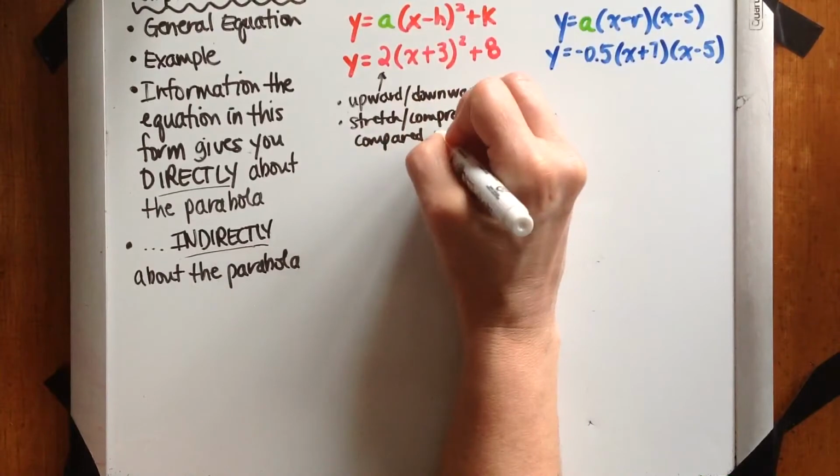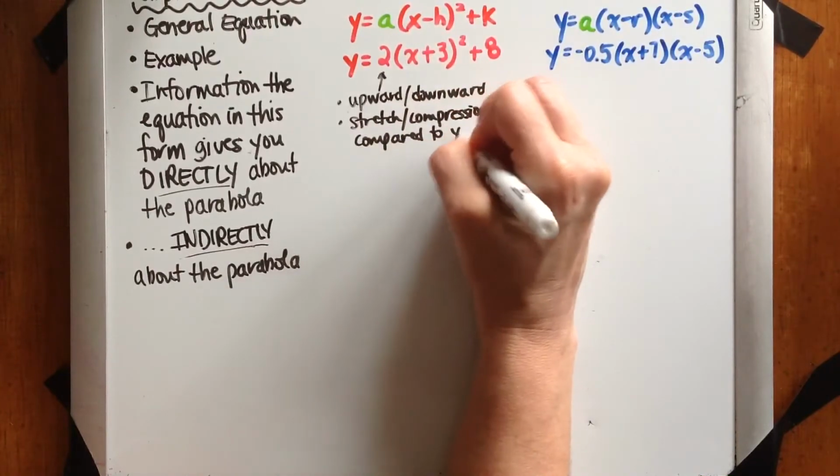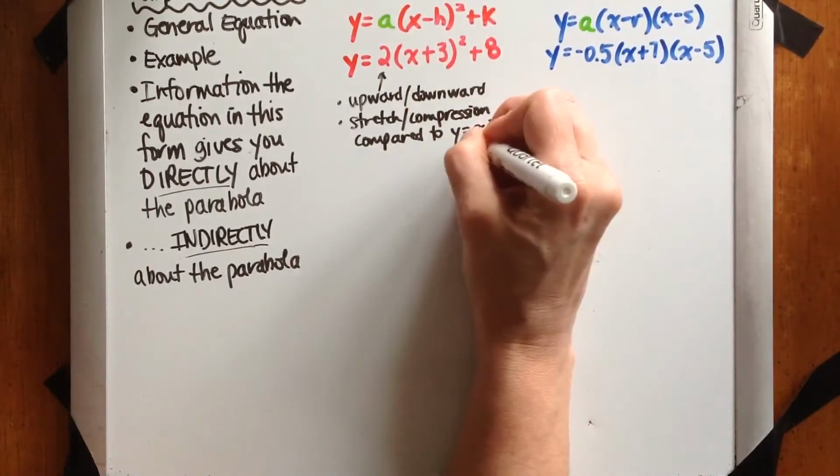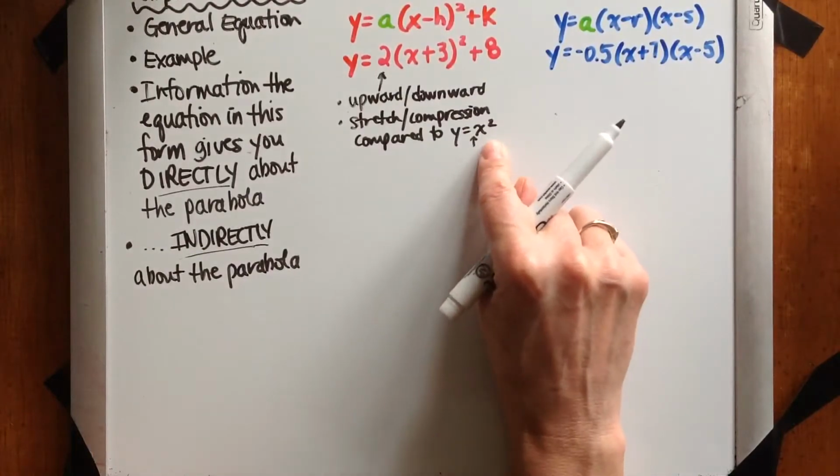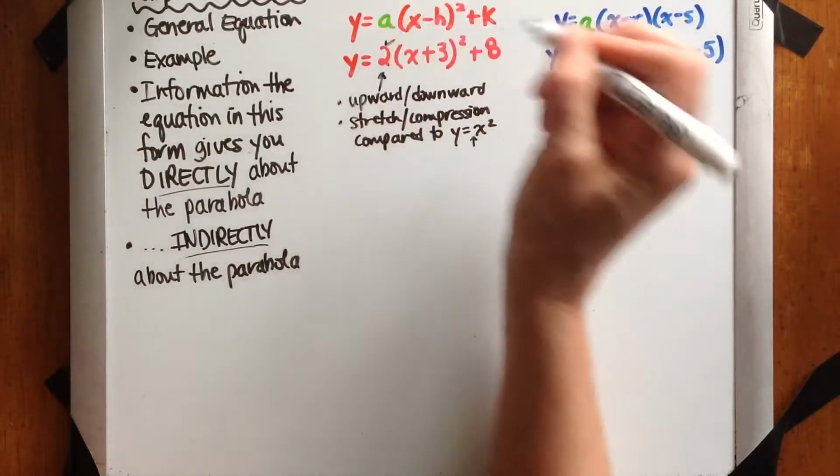And that matters because the value of a in y equals x squared is 1. We want to know if it is a narrower parabola or a wider parabola based on that as a baseline. So we've taken care of this.